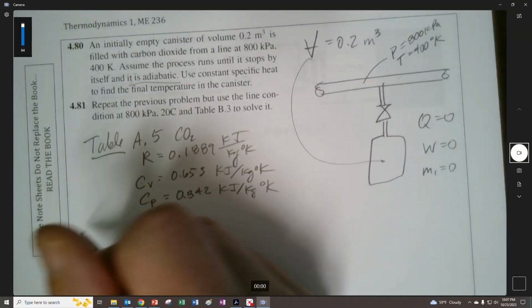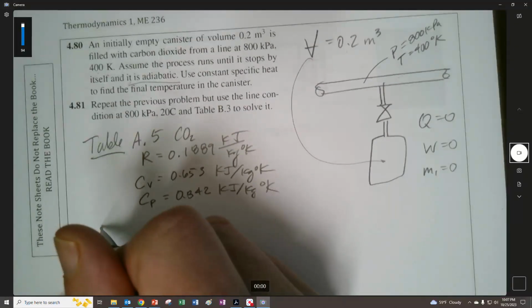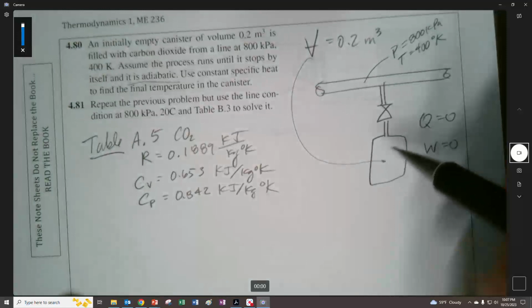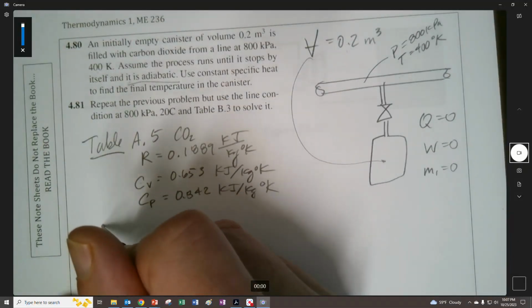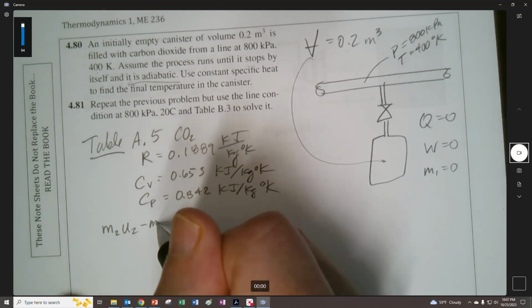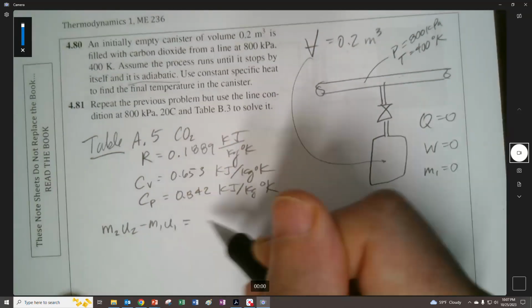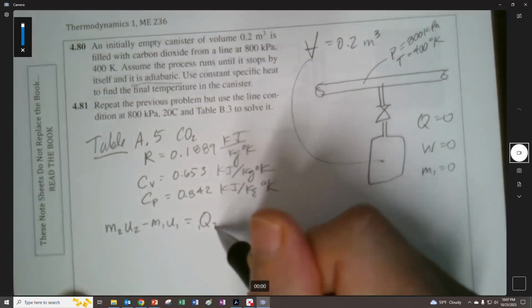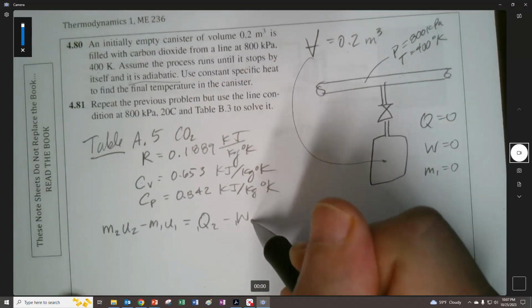So the transient equation that we've been using, on the left-hand side, is what happens in the storage thing, right? So we have M2 U2 minus M1 U1. It's going to be equal to Q between 1 and 2 minus the work between 1 and 2.